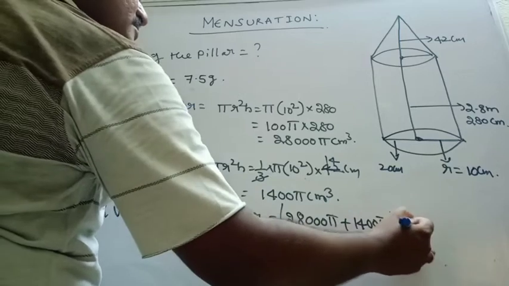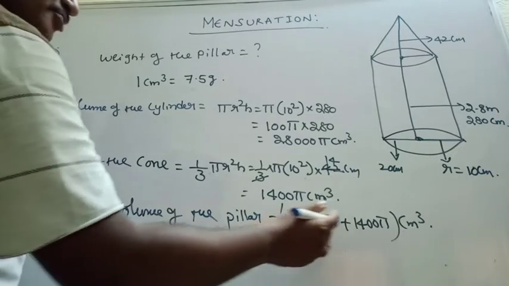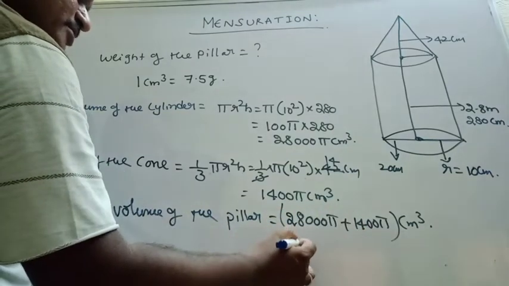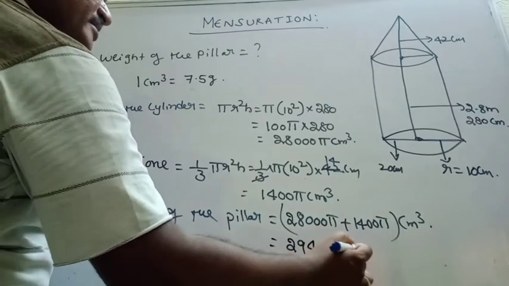If you add that, 28,000 plus 1400, that is 29,400 pi cubic centimeters.